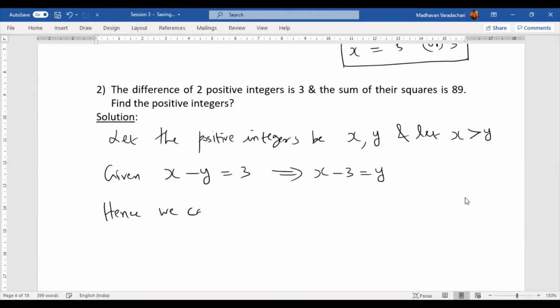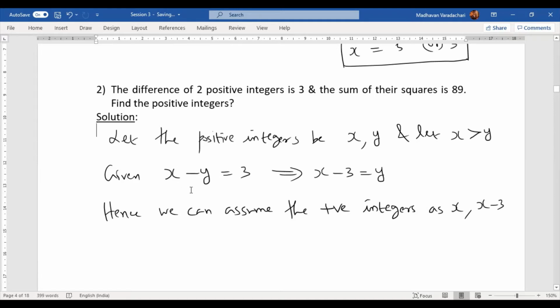Hence we can assume the positive integers as x comma x minus 3. What I did, instead of y, I am now writing x minus 3.